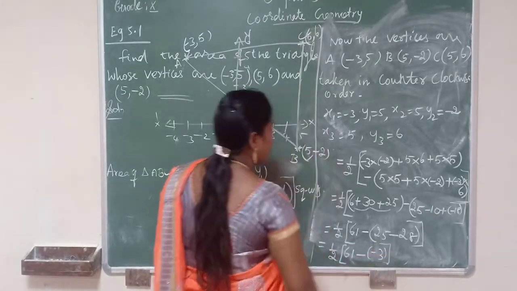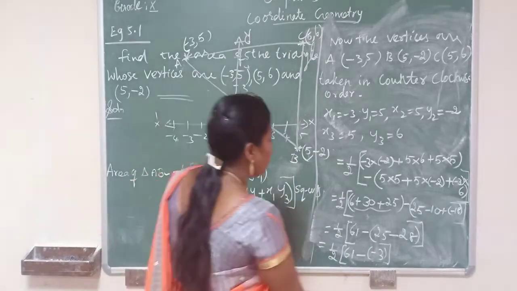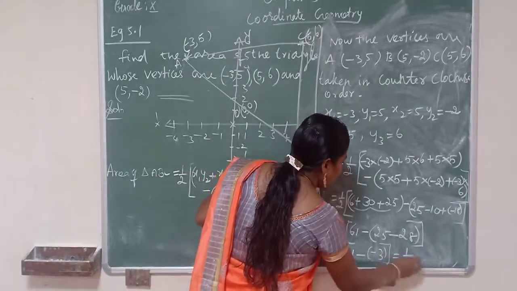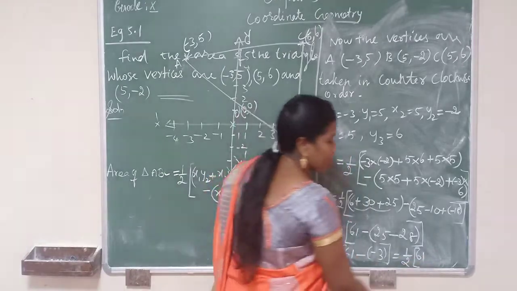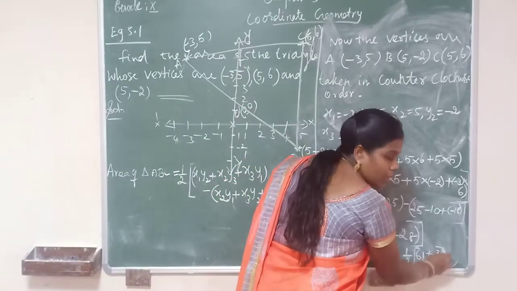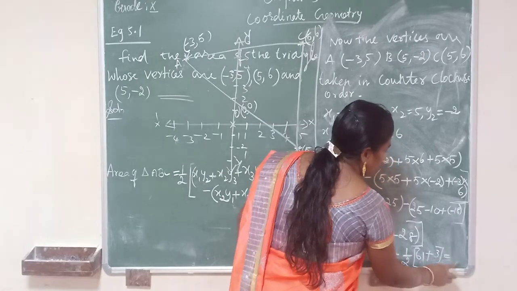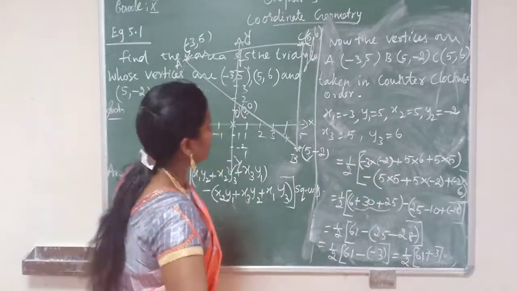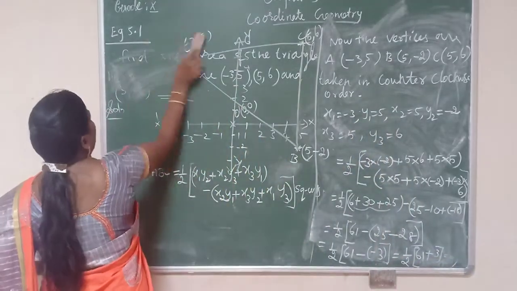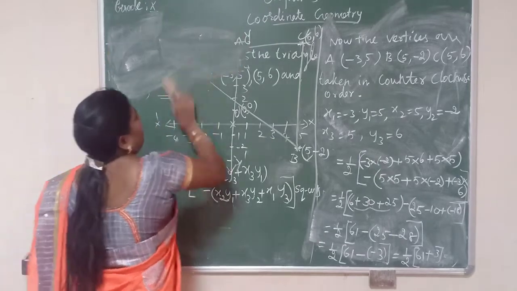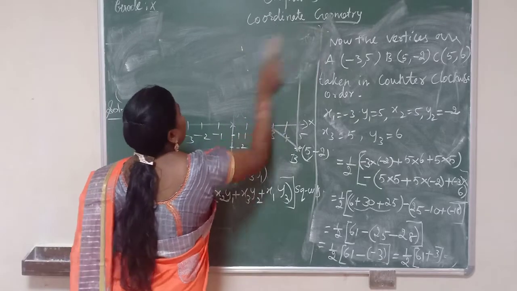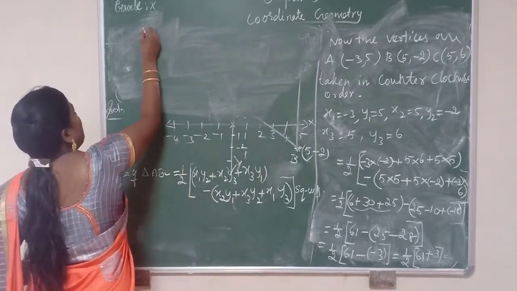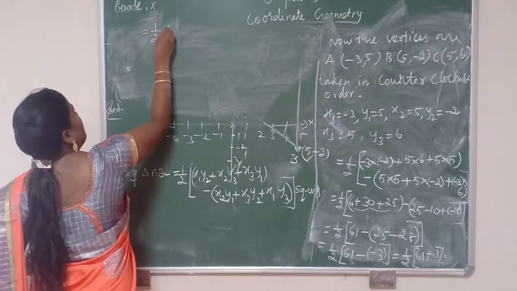Now here two minus signs are coming together. So minus into minus becomes plus, which is equal to 1 by 2 into 61 plus 3, which is equal to 1 by 2 into 64.